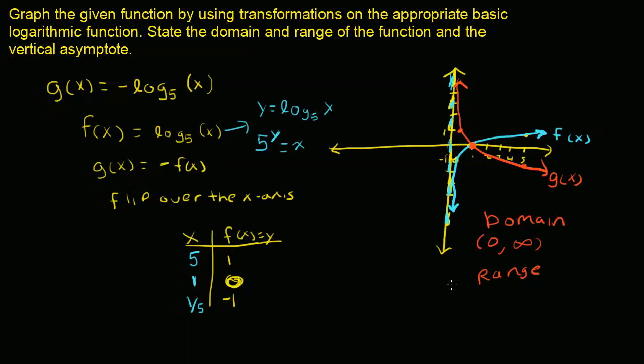So the range is negative infinity to infinity. Lastly, the vertical asymptote. Well, we see it there. It didn't get transformed, so it's the same as the basic logarithmic function's vertical asymptote. That would be x equals 0. Where x equals 0, you have an asymptote.